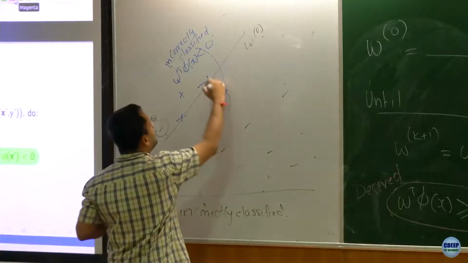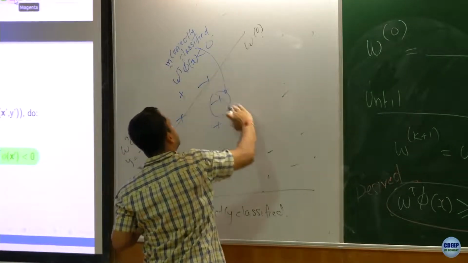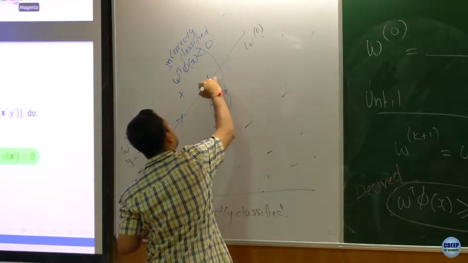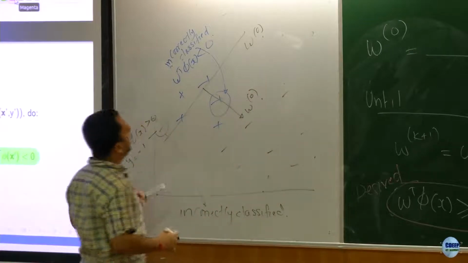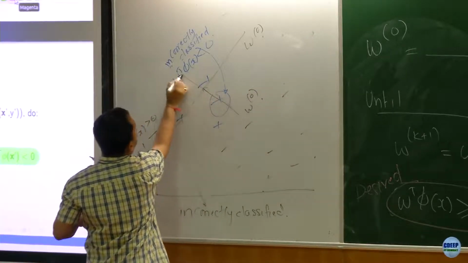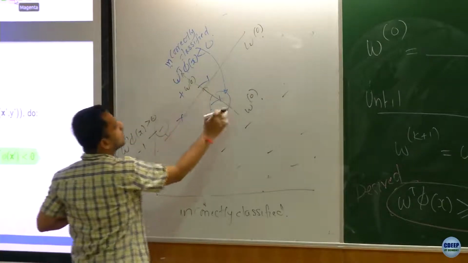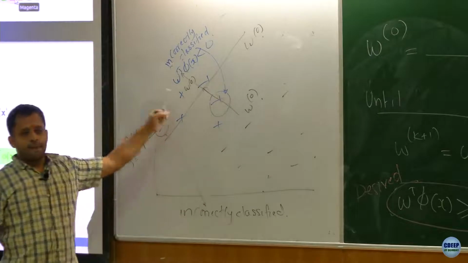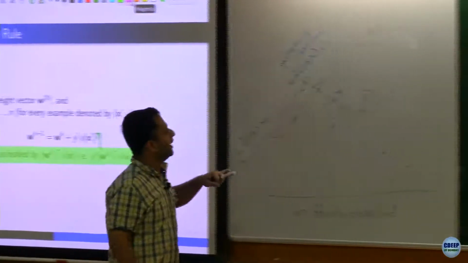But what is W0? W0 is basically this normal, and it is pointing in the direction of the positive class. So this is W0, right?